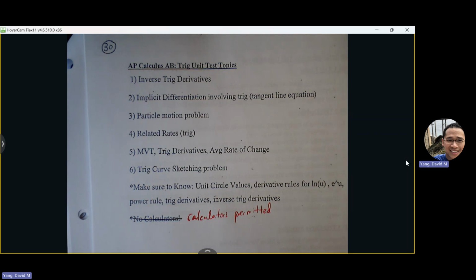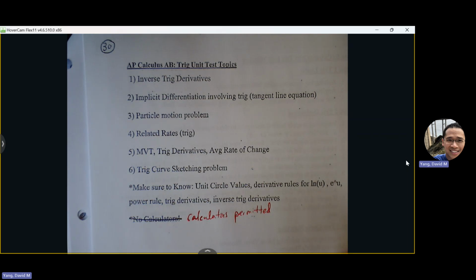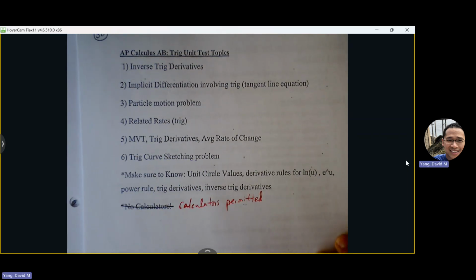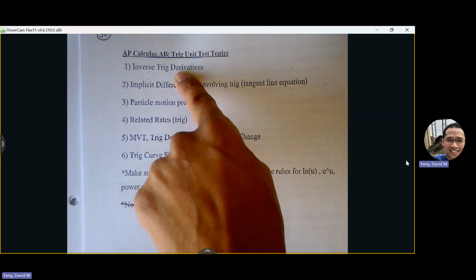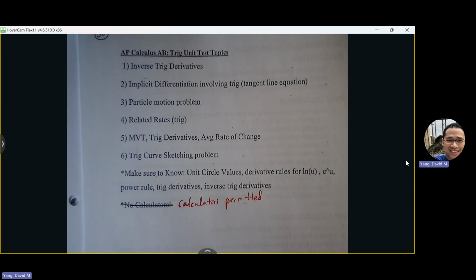We're going to be working towards these types of problems. Inverse trig derivatives, we just got through working on them: being able to memorize and apply those 6 inverse trig derivative rules, and sometimes they could be within product rules.